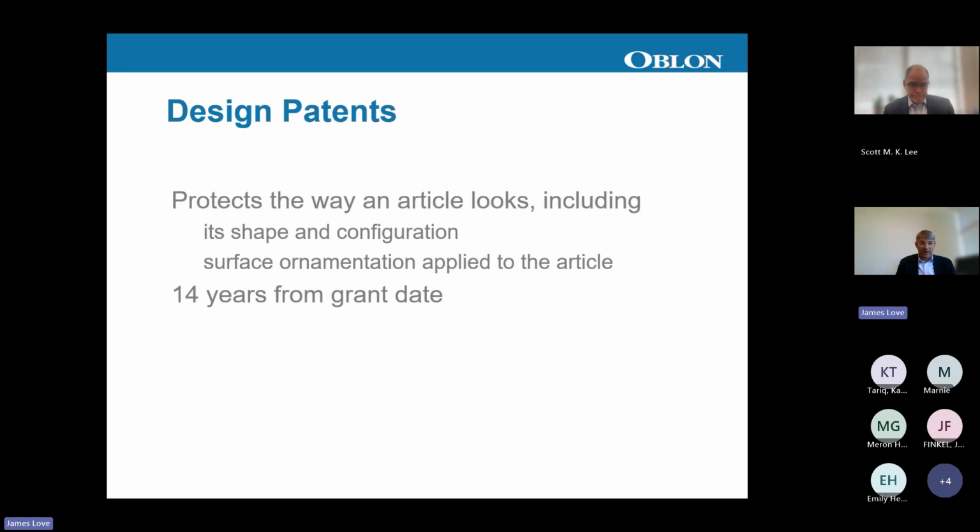And there are ways to make it go quicker. You can file requests for expedited prosecution at the patent office, but that costs money, right? They call it Track One, and for a small entity it would be $2,000. For a normal entity, it'd be $4,000. So it's expensive to get things sped up at the patent office. So sometimes design patents could be a good option to look at.